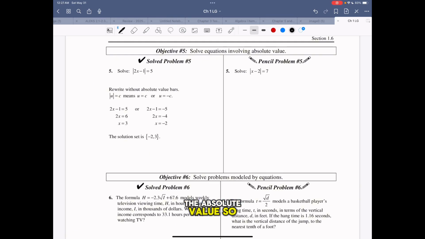And then you have the absolute value. So pretty much what this means is, the absolute value, you have to consider both sides because the graph of an absolute value function is sort of like a parabola, but it looks like a V. Okay, so you rewrite it, meaning you just drop the absolute value symbols and you set it equal to what it already is, but then you also set it equal to the negative of that number, which is down here.